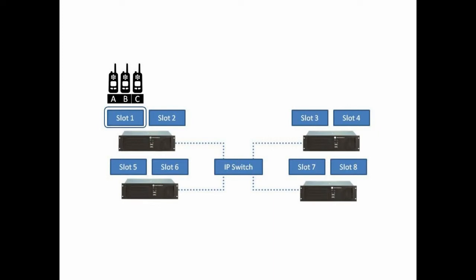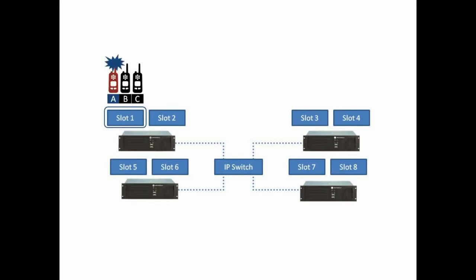This animation shows the channel allocation a little better. On this diagram, each radio icon represents a group of users on a Capacity Plus system. At the moment, all radios are monitoring the rest channel, circled on slot 1. A radio from Group A now makes a call.